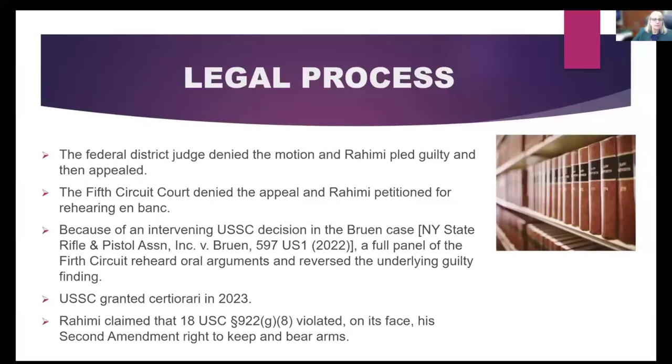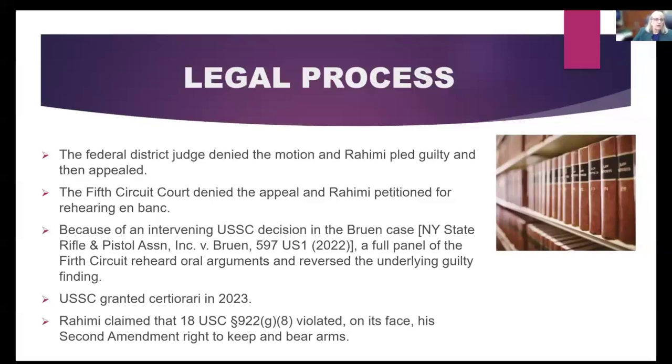Because there was an intervening U.S. Supreme Court decision in the Bruin case, and we're going to talk a little bit about that in a later slide. That case was New York State Rifle and Pistol Association, Inc. versus Bruin. A full panel of the Fifth Circuit reheard oral arguments and reversed the underlying guilty finding.